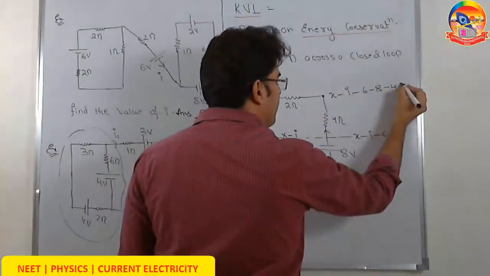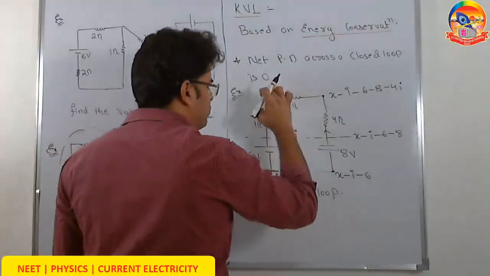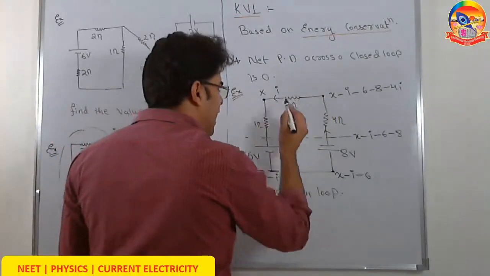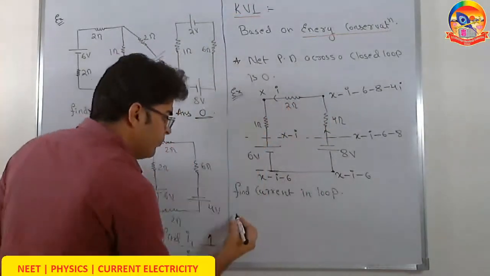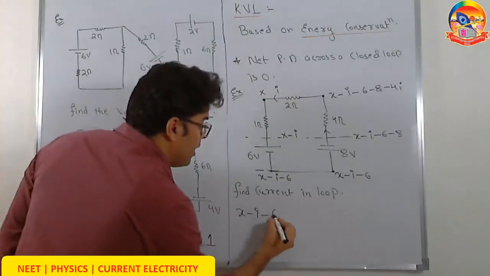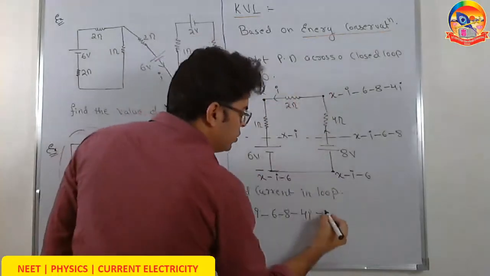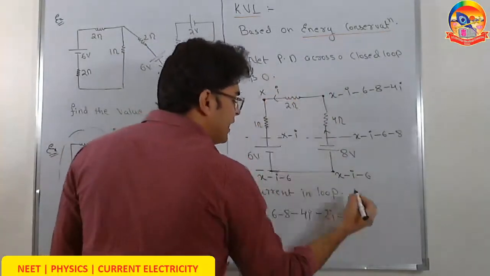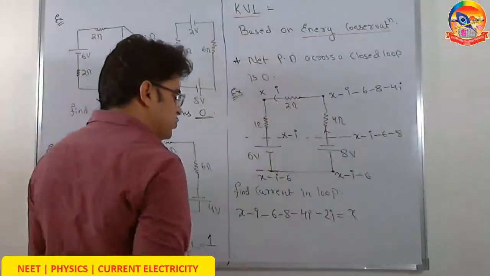And then go from this point to this point again, moving in the direction of current across the resistors, so you can write the potential of this point as X minus I minus 6 minus 8 minus 4I minus 2I, and that has to be equal to X, because the net potential drop across the closed loop has to be 0. So this final potential has to be the same as the initial.